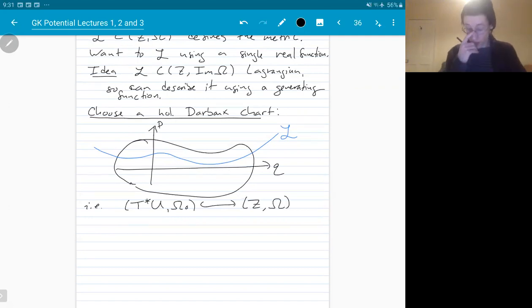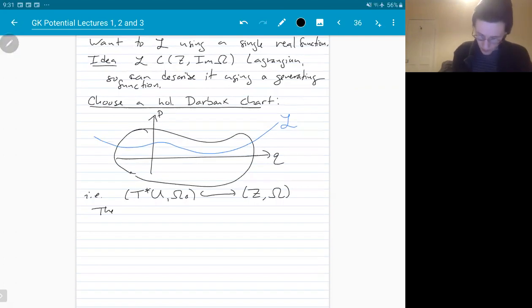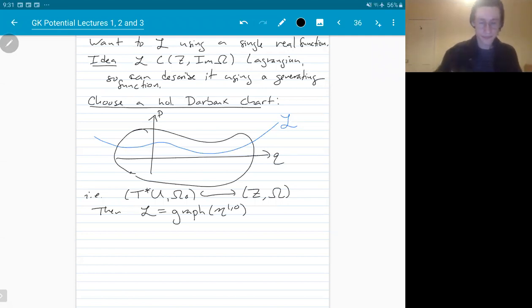Once we've made this choice, as long as our choice is generic enough, then L just becomes the graph of a 1,0 form. And because L is Lagrangian with respect to the imaginary part of omega naught, that means that omega naught restricted to L, which is d eta, is real.